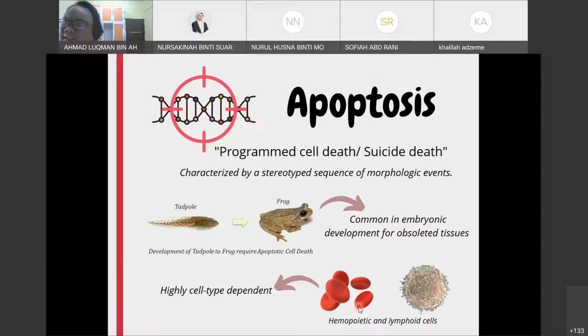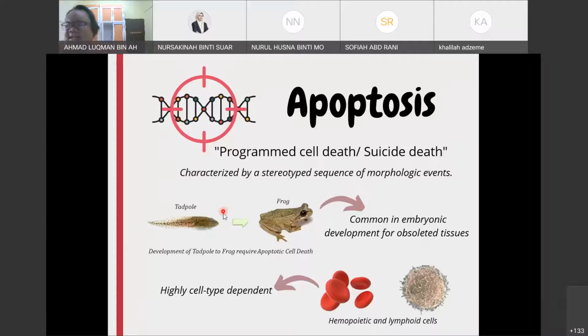Apoptosis is a programmed cell death where a coordinated sequence of events occurs to dismantle a cell. The function of apoptosis is to eliminate excess cells, carve out structures, and weed out aging and defective cells. So it's like a normal cell death. For instance, let's take the tadpole and the frog.